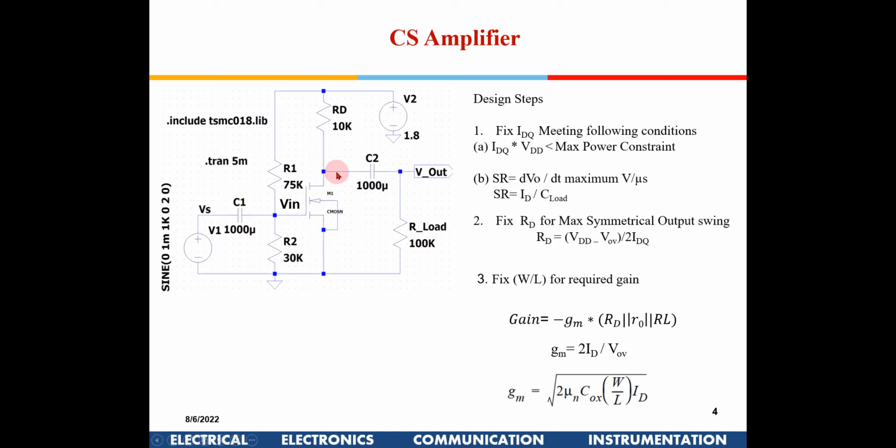But if you are targeting very large swings out here, this ID will change, and the gain will change. So the output signal will not ideally replicate the input signal, because the gain is different for different input voltages. The input signal is so high that it is changing the operating point, and if it is changing the operating point, the gain will change. So you will find a lot of non-linearities coming in. That way we generally make an amplifier such that this voltage does not go close to VDD and 0. In that case we can just neglect this VOV.